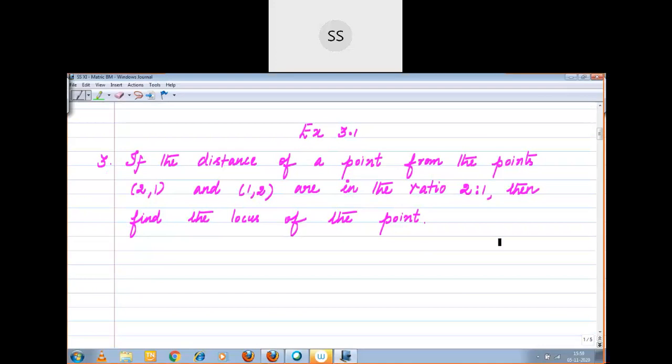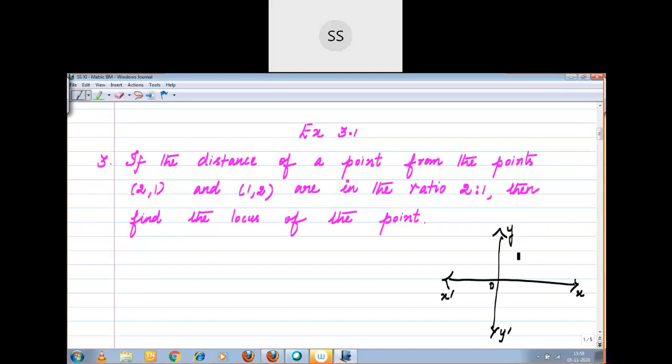Right. Now you see, it's a rough diagram only. X-axis, Y-axis, X dash, Y dash, origin. First point is (2, 1).